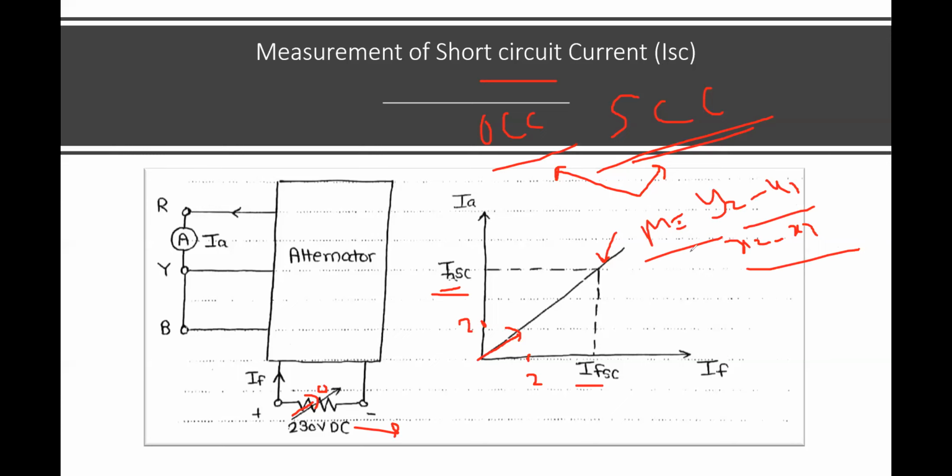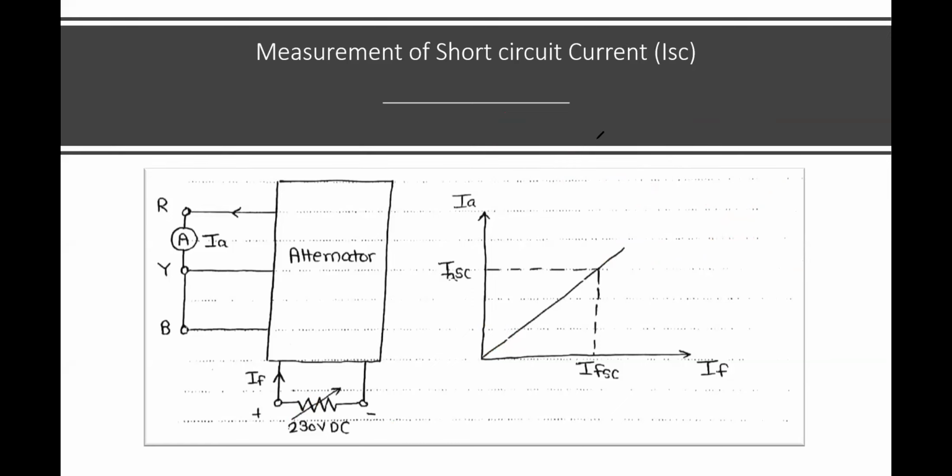Who told the value of slope is 1? Please tell me the name. What is the value of slope? Yes, 1 is very good. 1 is the value of the slope.